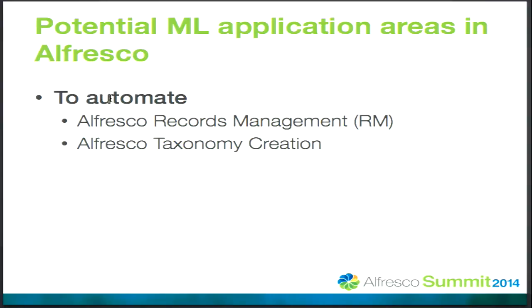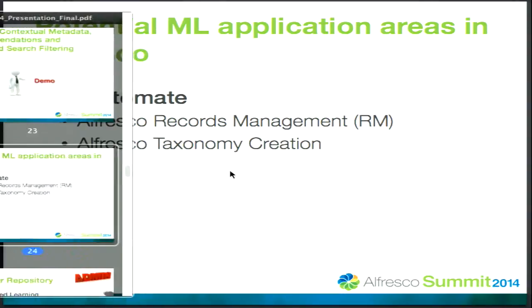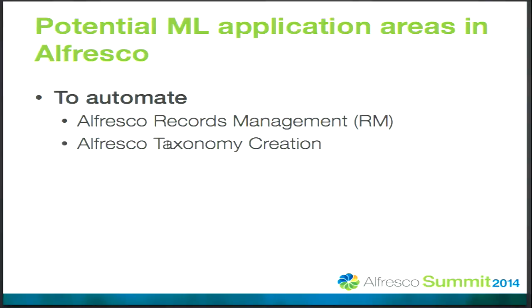So for that, we can use machine learning to automate finding the type of the document. And also in Alfresco, taxonomy creation is another area which we are looking into. Using unsupervised learning, we can automatically find the hidden structures in your repository and create a taxonomy automatically in Alfresco. So you don't have to do this manually.